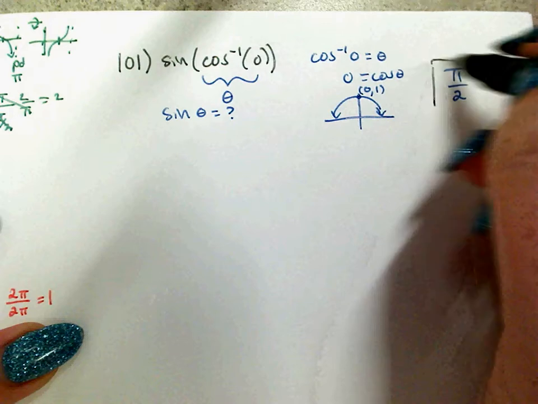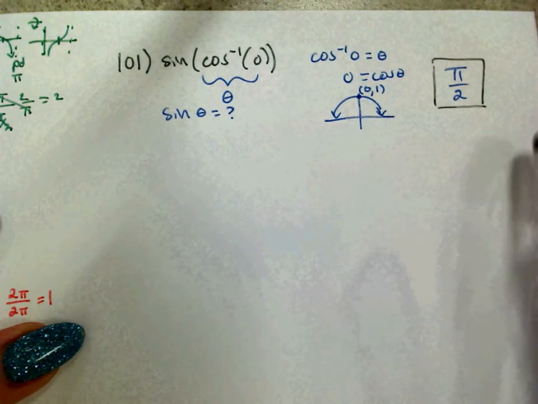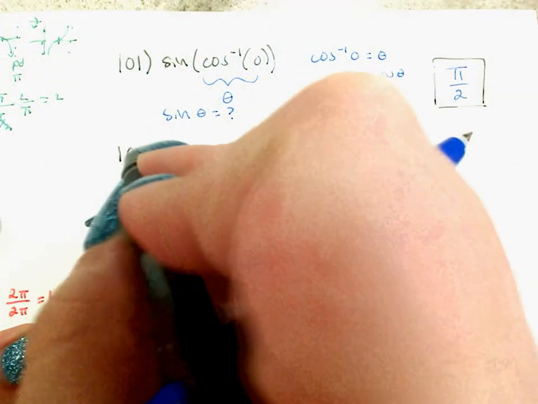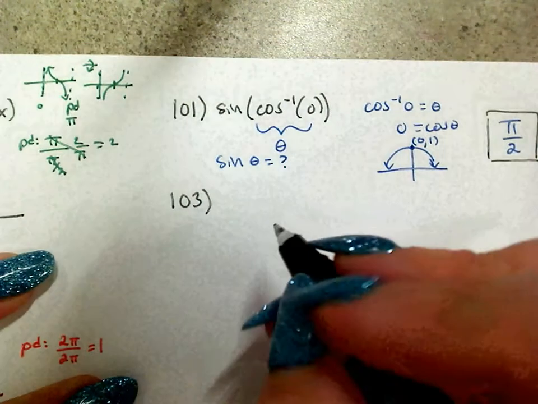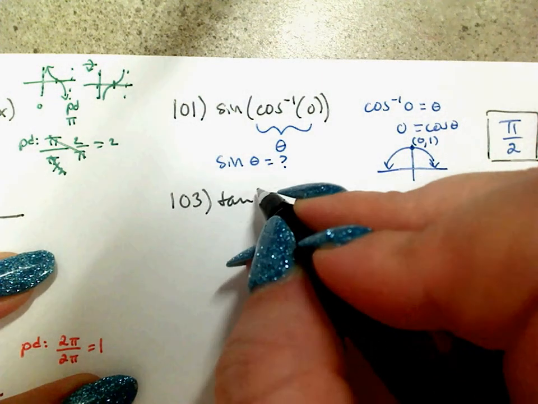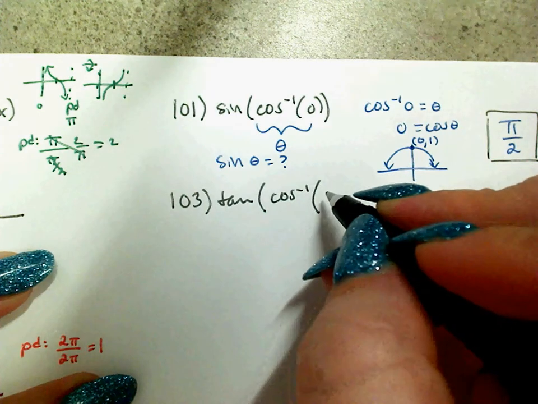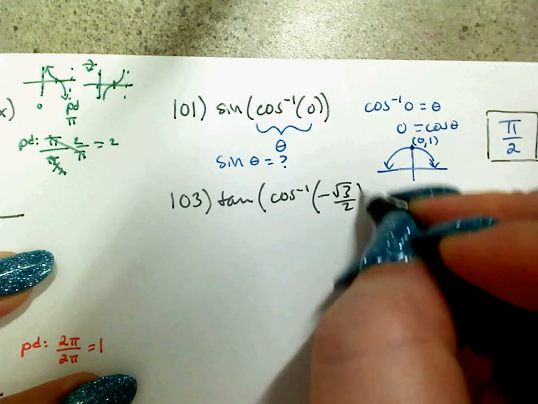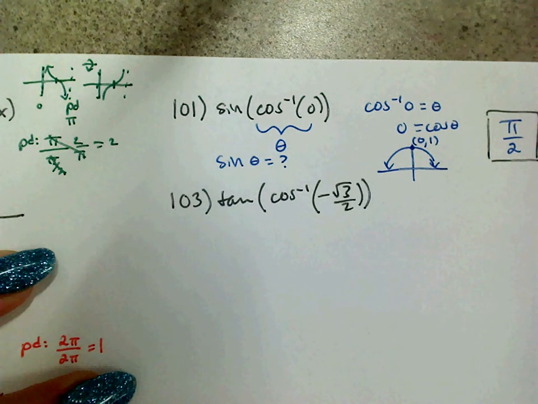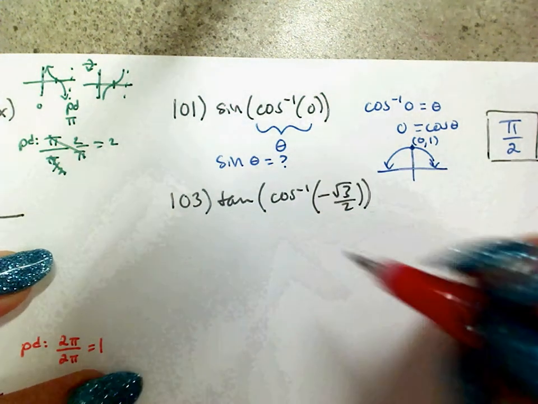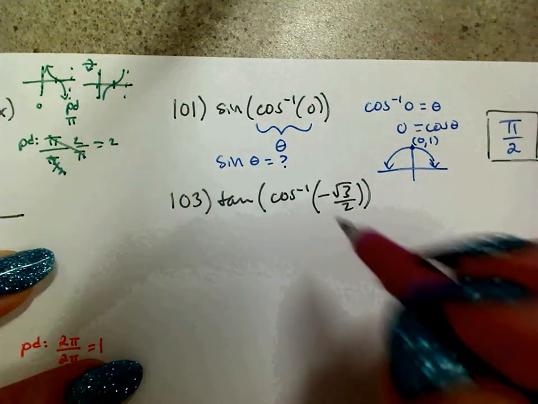So number 103, we're trying to find tangent of cosine inverse of negative square root of 3 over 2. So I know that this equals some angle, and we're trying to find tangent of the angle.